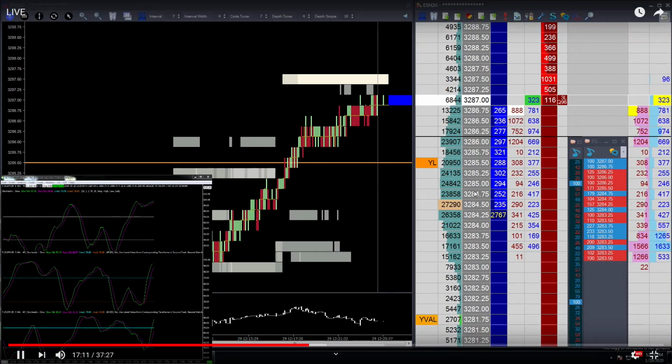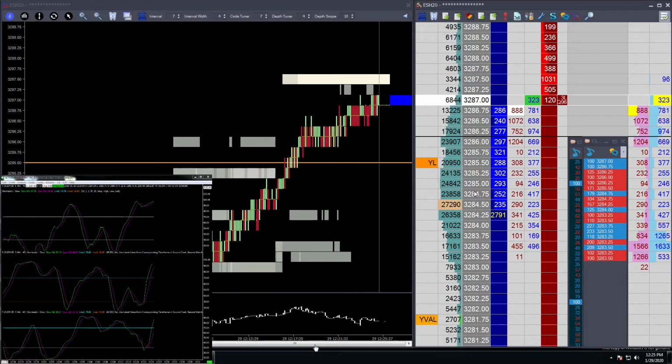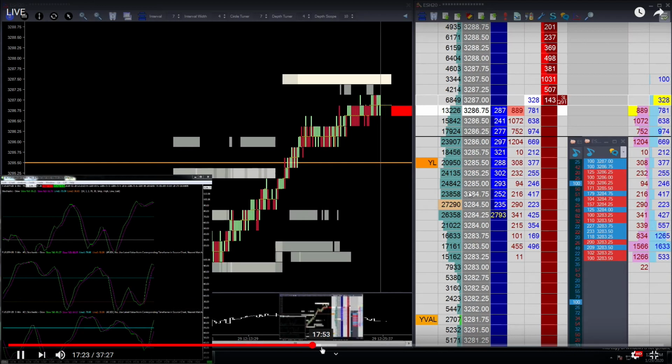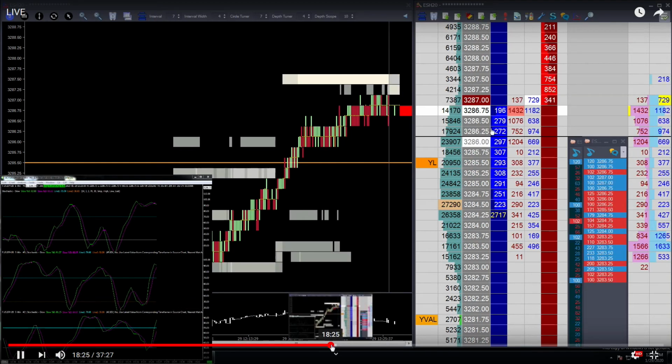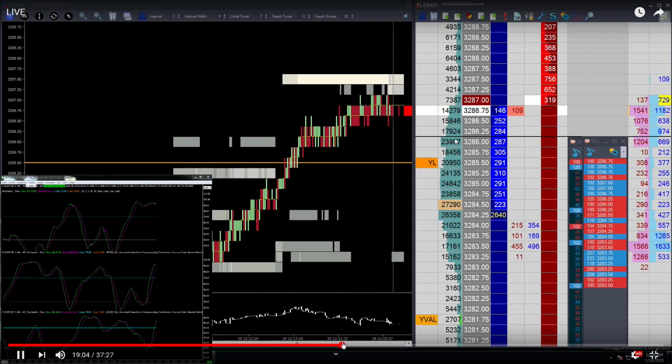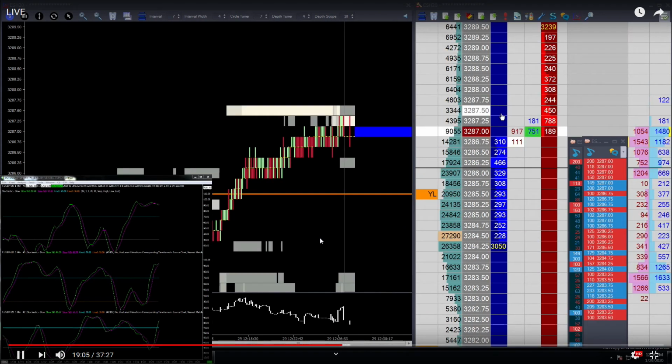So here I go. I'm going short, but I'm only doing 3 because I'm not quite sure what's going to happen because I'm missing context from previously. Get the fill. Now it's starting to go against me. The size is kind of tweaking around.